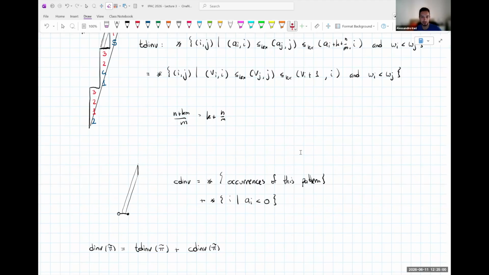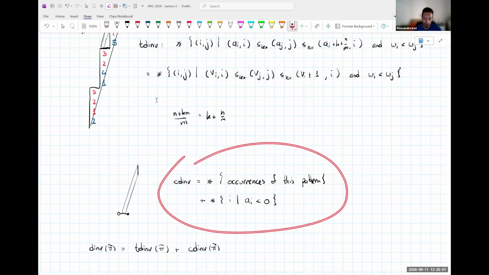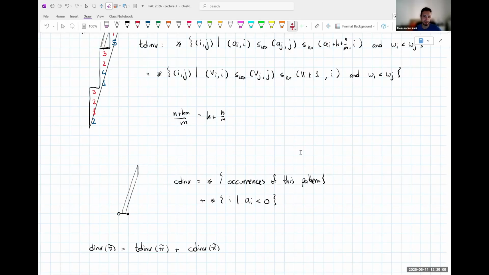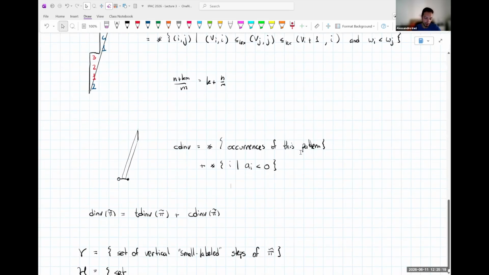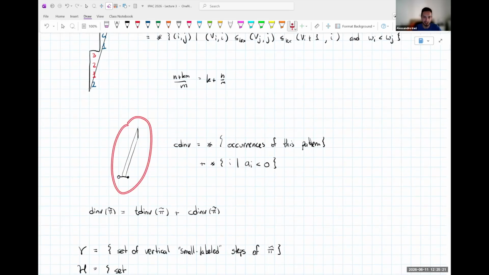So you subtract it, and then what's left is this correction here. I like it a bit better than the version with pathinv plus tdinv minus max tdinv, because it's a bit more direct. Not all are positive: if you have a generic shape, this might appear with a negative sign, but not this, the converse.